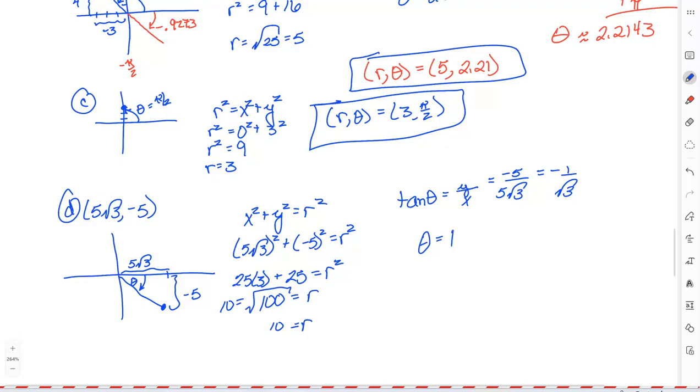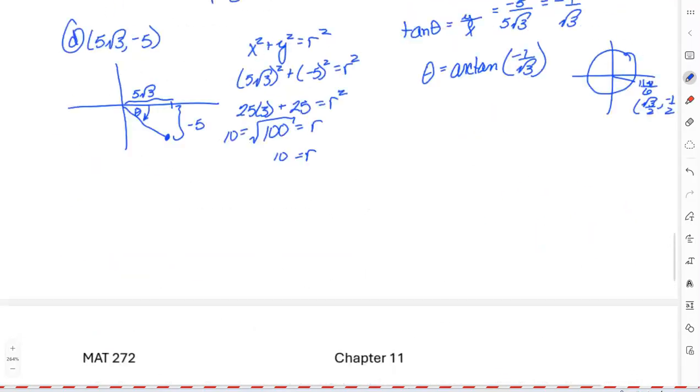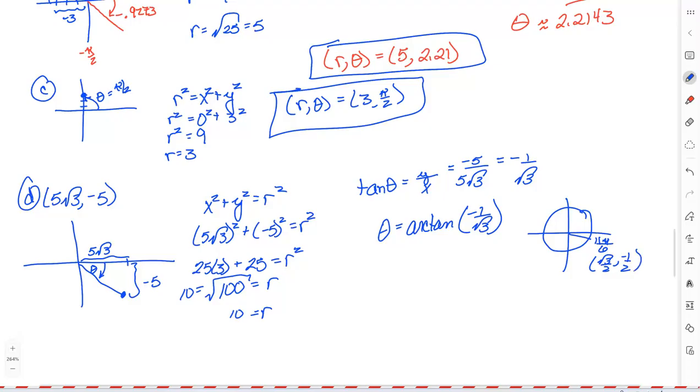I'm going to take the arctan of -1 over square root of 3, and this is where we're going to look at our unit circle. So if we look at our unit circle, we're going to be down here at 11 pi over 6. That's where that ordered pair is equal to square root of 3 over 2, -1/2. So I take y divided by x, and I'll get that -1 over square root of 3.